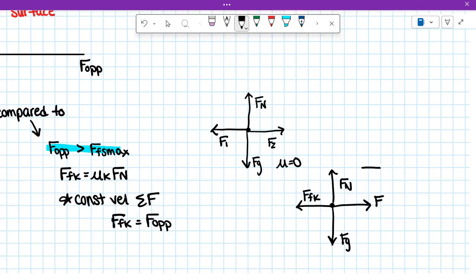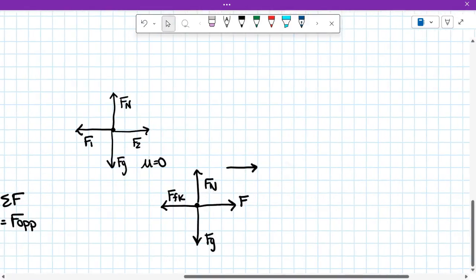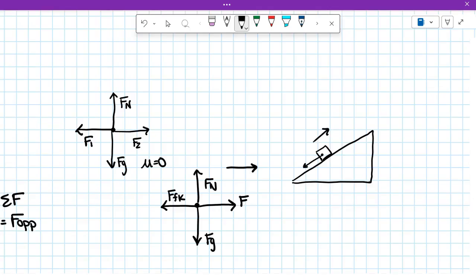So if my block is sliding to the right, then the force of kinetic friction is left. So that works vice versa. If the force of kinetic friction is left, then the block must be sliding right. Okay? If we're on, say, a ramp, and the block is sliding up the ramp, then that must mean the force of kinetic friction is pointing down the ramp on the free body diagram.